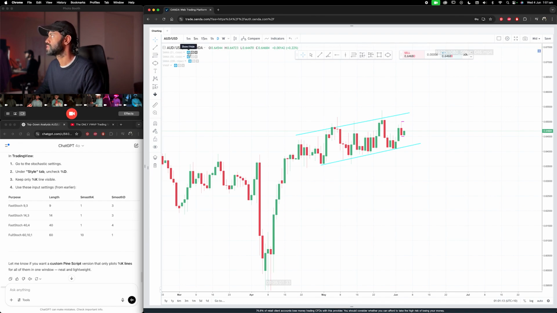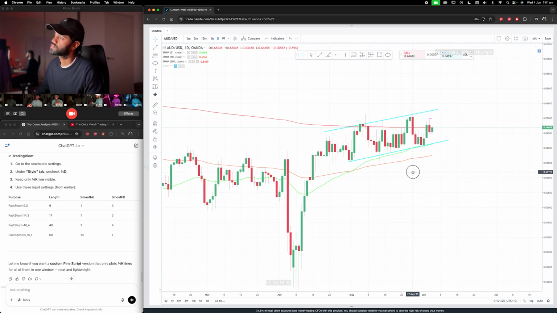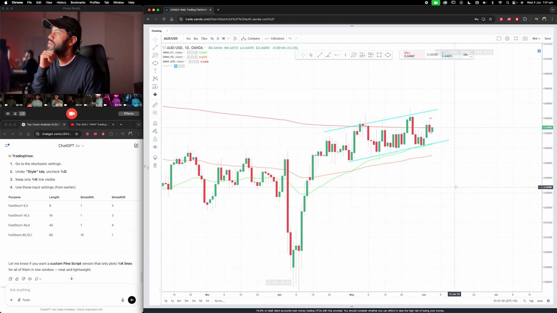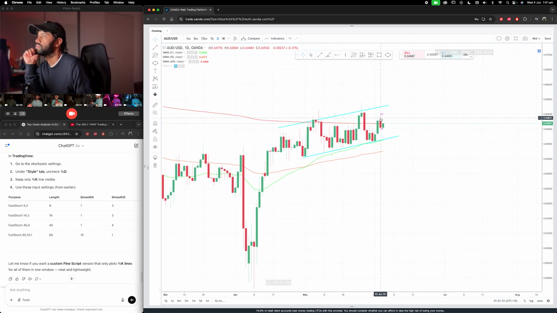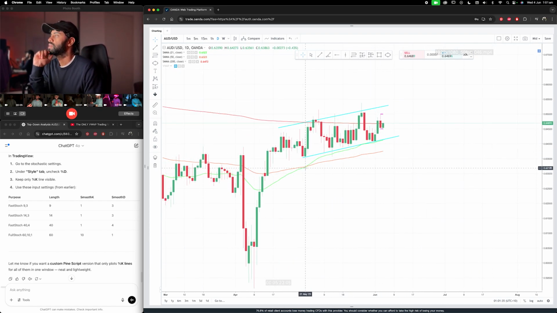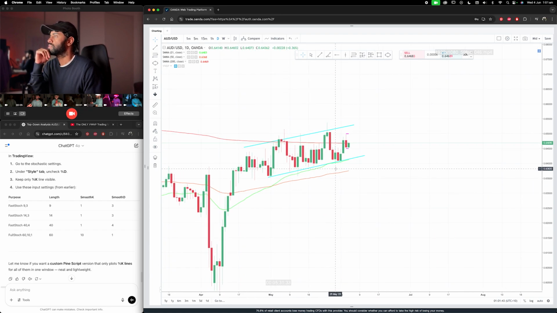So I'm going to turn on the smooth moving averages, 21, 50 and 200. So 21 is the green color, 50 is the orange color, and the red is 200. Now, as you can see, the 21 has cut through the 50 and it's now above it.